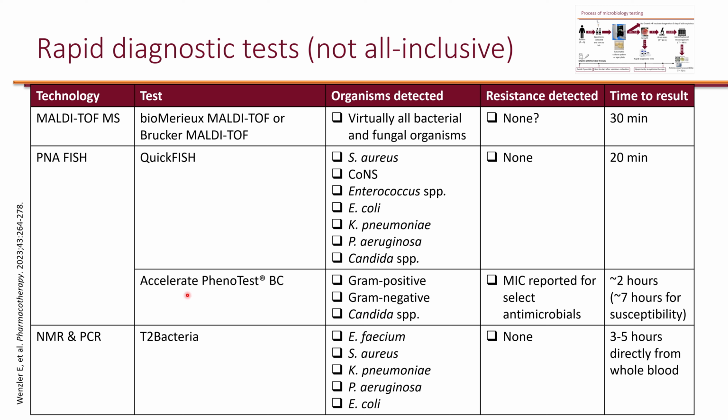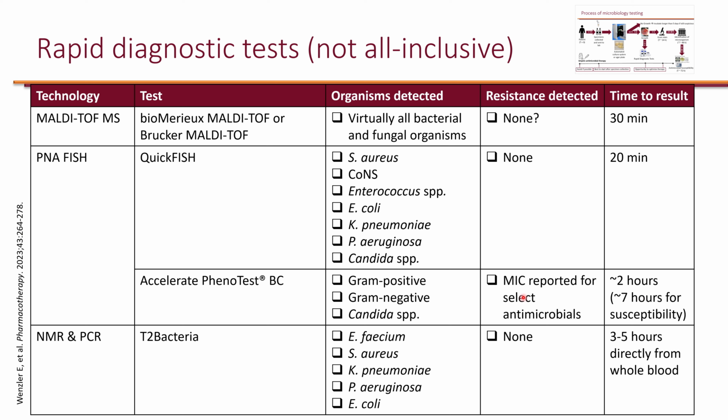And this one is unique because it can also report MICs. In general, it takes about 2 hours to identify these organisms, and it takes about 7 hours to report susceptibility results for select antimicrobials.